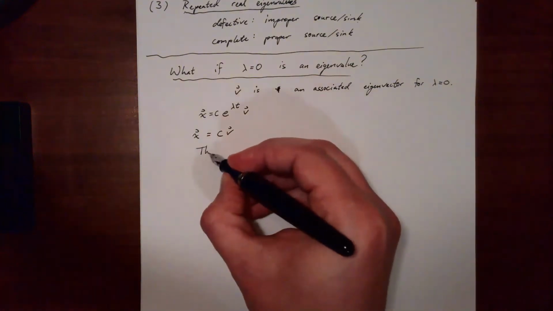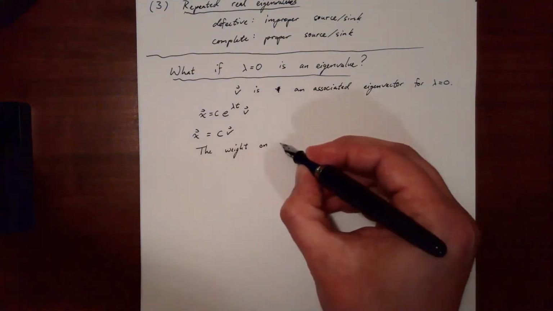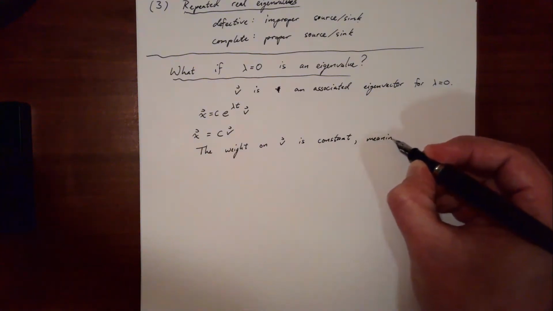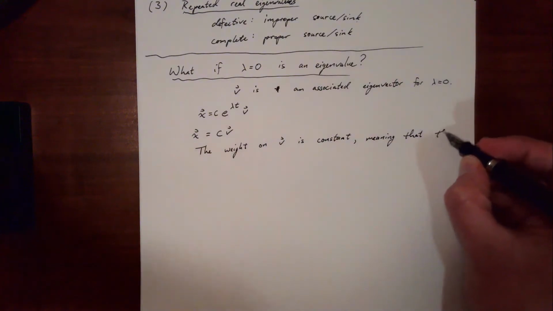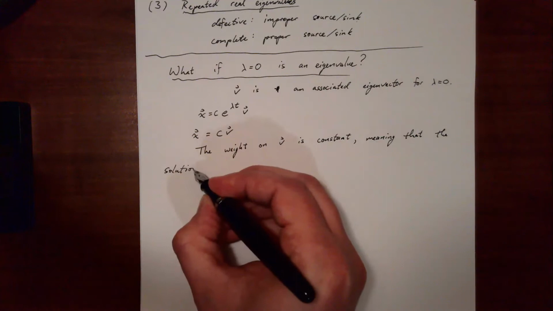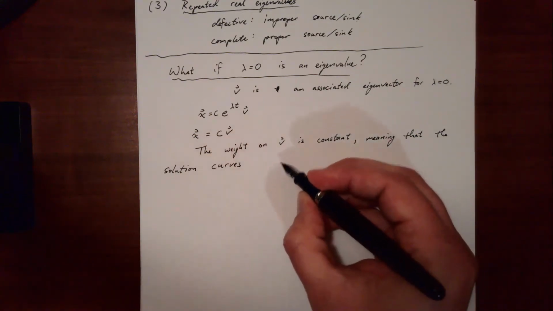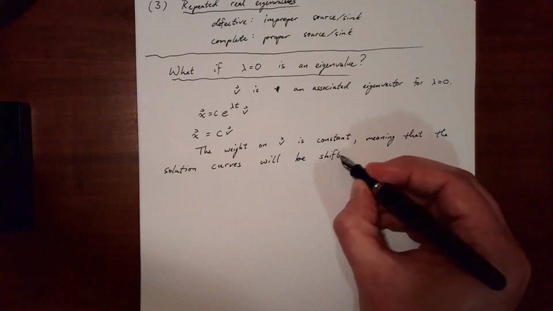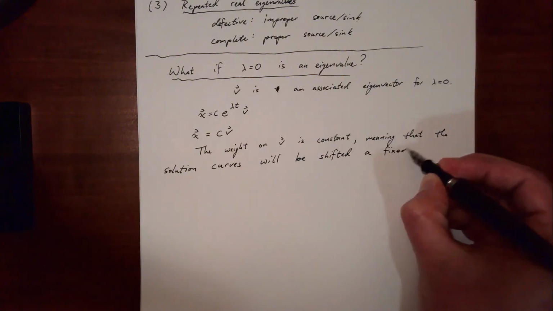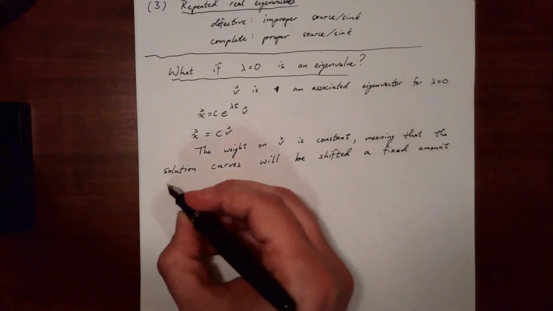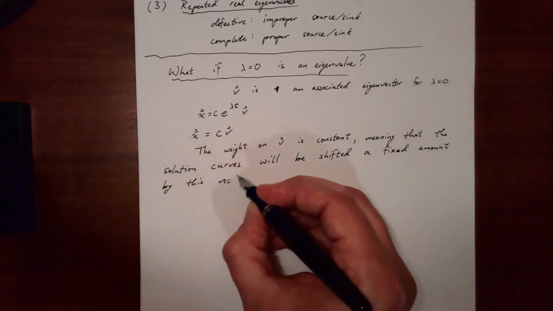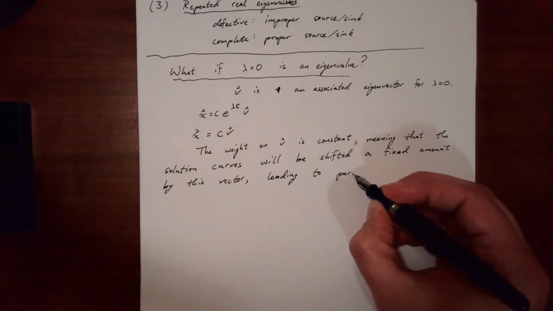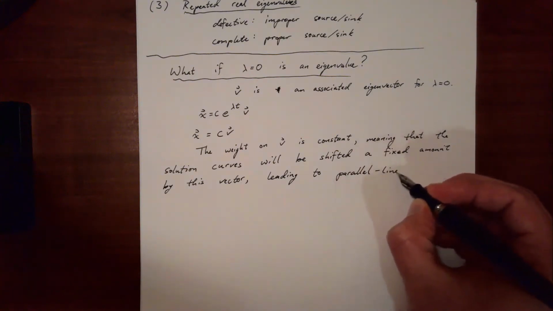So this means the weight on v is constant, meaning that the solution curves will be shifted a fixed amount by this vector, leading to parallel line solutions.